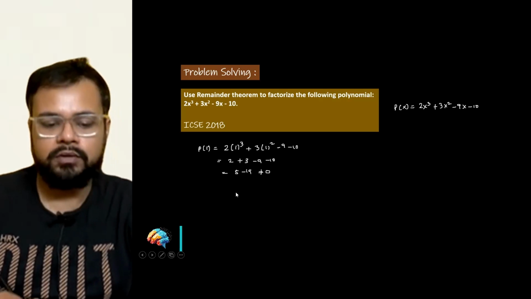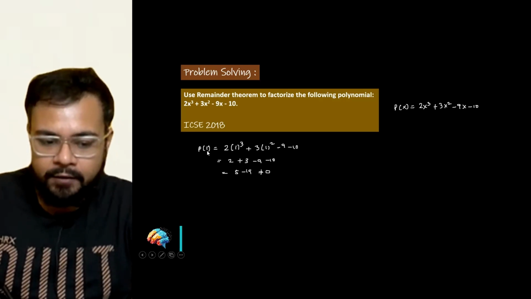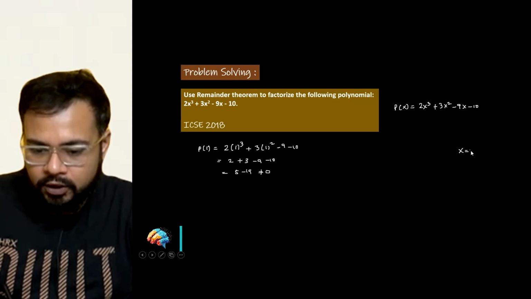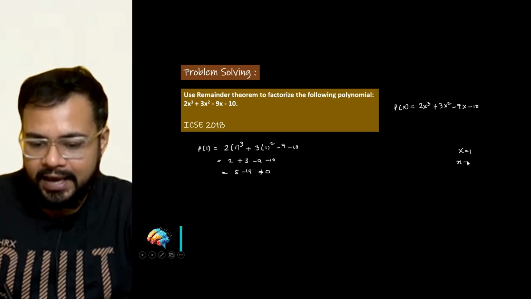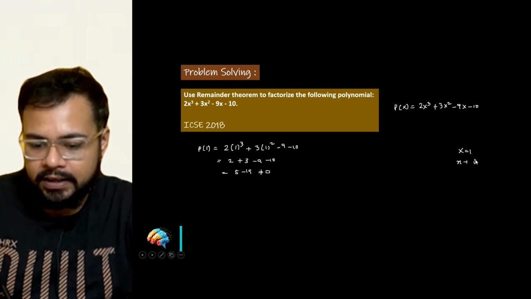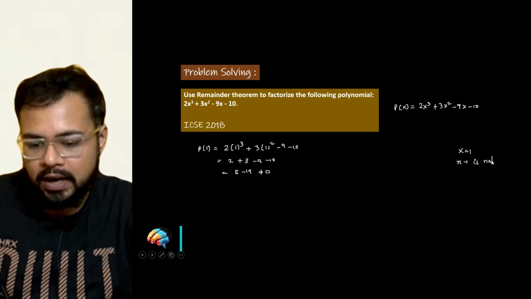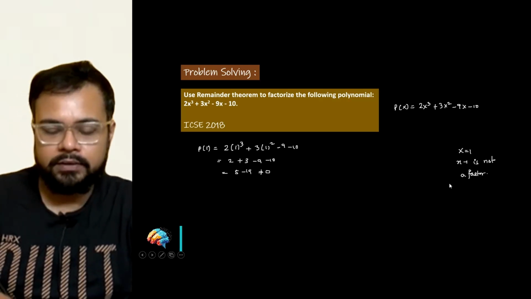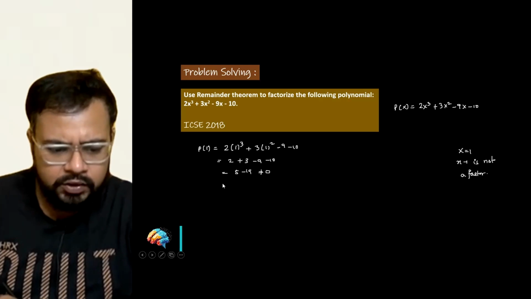Definitely not equal to 0. So that means 1 does not work. X equal to 1 does not work, that is x minus 1 is not a factor. Great. So what is a factor then?